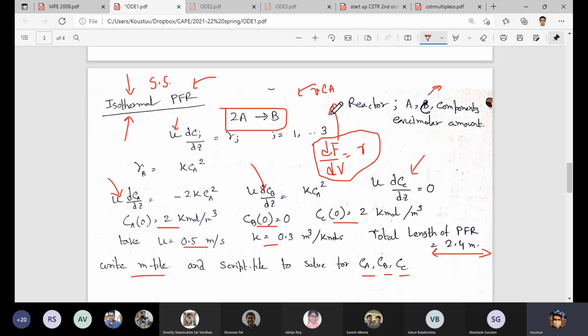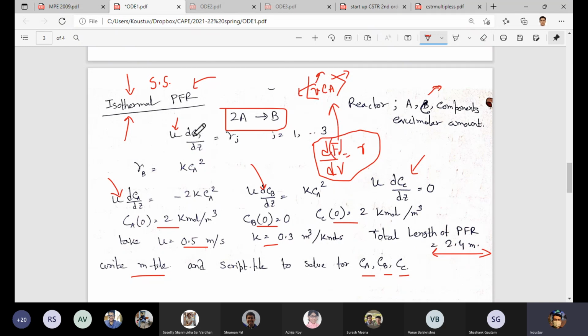But here we will not take it out, because this also will vary along with this because of the volume change considerations. So you should keep in mind that this V is now also within that integration. We are not assuming it to be constant.